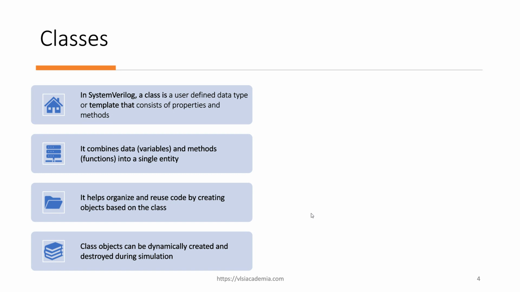We would want to clean the house, paint the house, or any other function that can be defined in the field called methods. And properties like size and number of rooms can be defined in the field called properties. So basically a class is a single entity which combines the data and methods in a single place.